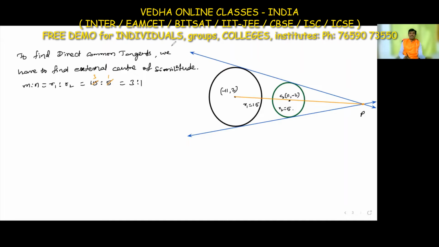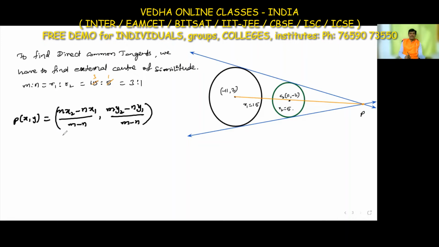Now I am taking the formula here. What is the external point of similitude formula? P of x comma y equals mx2 minus nx1 divided by m minus n, comma my2 minus ny1 divided by m minus n.